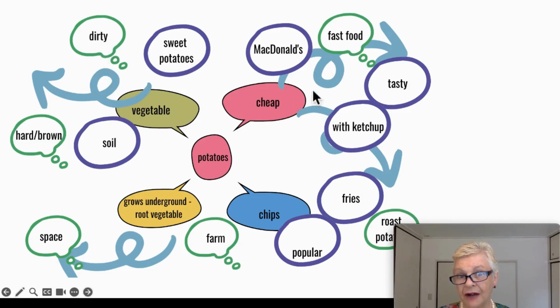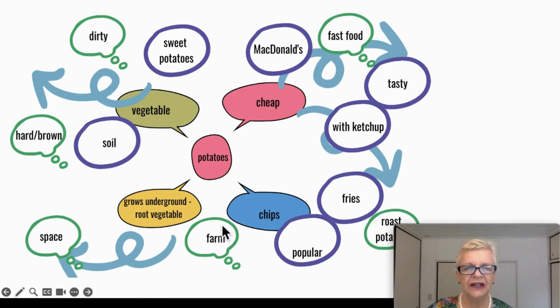I'm mentioning fast food. McDonald's fries are very tasty and you can eat them with ketchup. Chips are popular, and roast potatoes are very delicious. And if you grow root vegetables underground, you need space. So farmers need large fields to be able to grow potatoes.